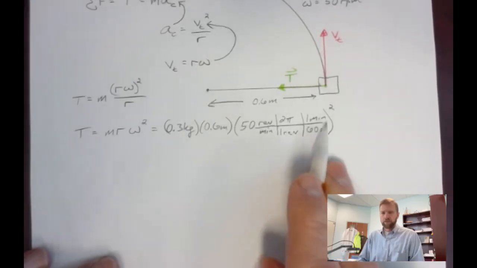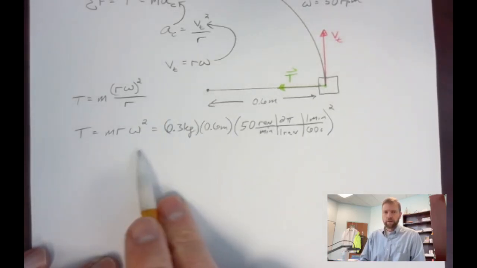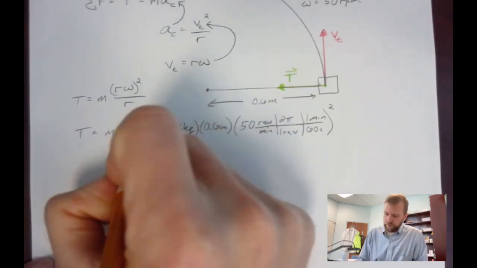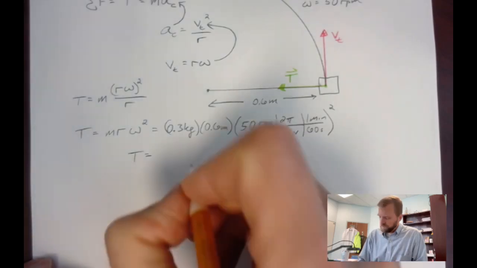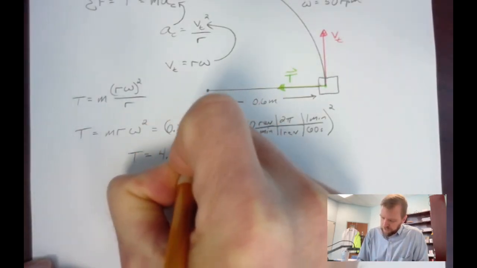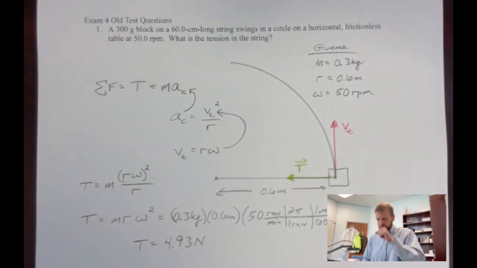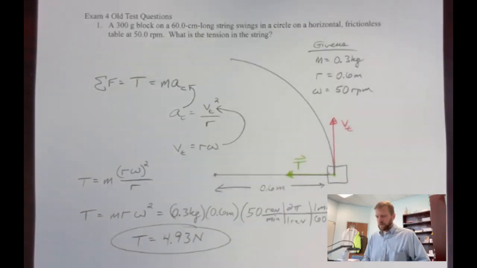We have to square everything because it is omega that's squared, so we have to put the conversion factor in there. Once I crunch through the numbers, I got 4.93 newtons. All right, so there's our answer.